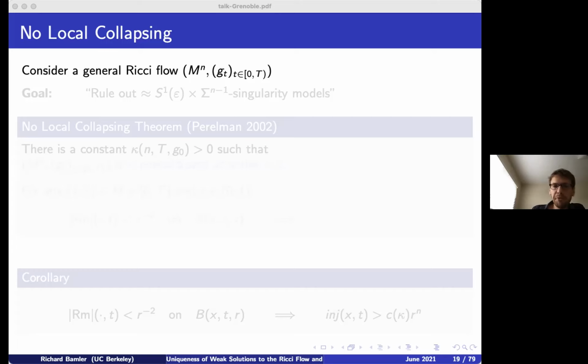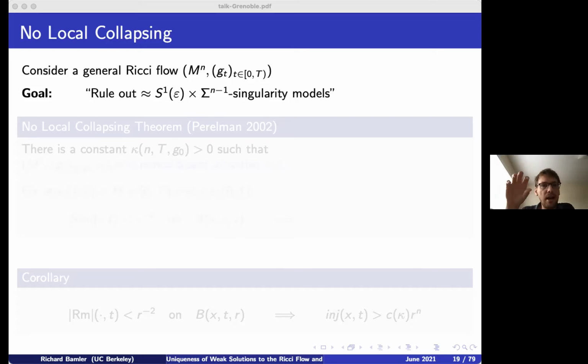So what do we want to achieve? Some of the main things that people were concerned with before Perelman's work was that they wanted to rule out singularities in Ricci flow that look like some small S1 factor cross some n-1 dimensional surface. Okay? So what we've seen in the previous few slides is that there are singularities where a 3-sphere contracts or where a 2-sphere contracts.